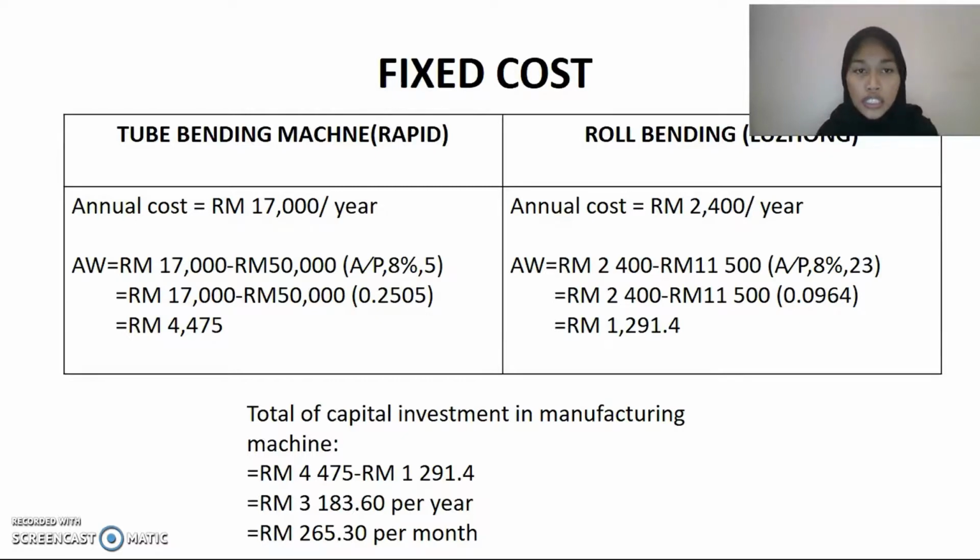While for the roll bending machine, the annual cost is 2,400 per year. The annual cost for Luzong minus the 11,500 ownership cost, times (A/P, 8%, 5).